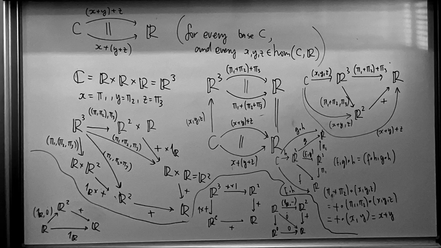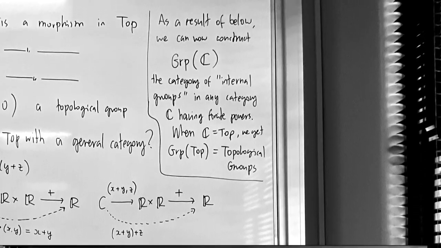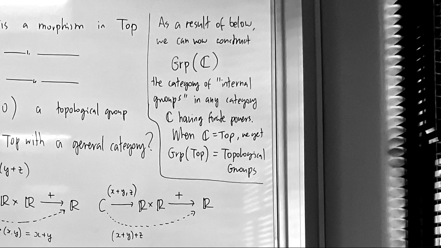Before formulating this question, let's summarize the answer to the first one. So what we've done as a result, we can now construct what is called the category of internal groups inside a category.